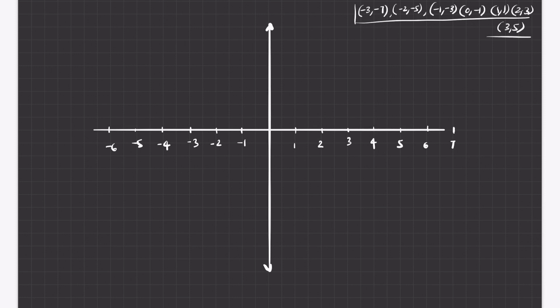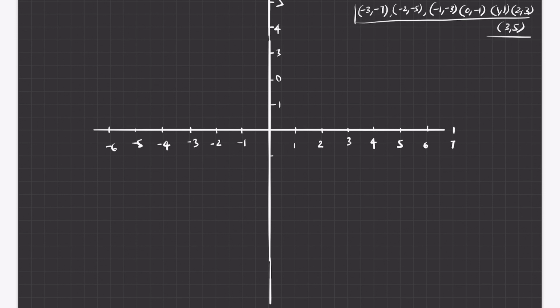So next you have the y-axis. So in the y-axis we have one, 2, 3, 4, and then 5.